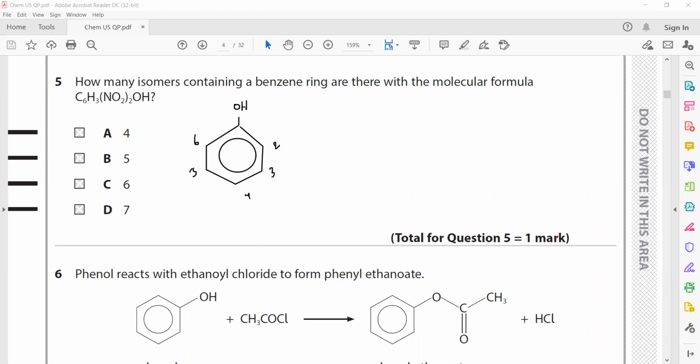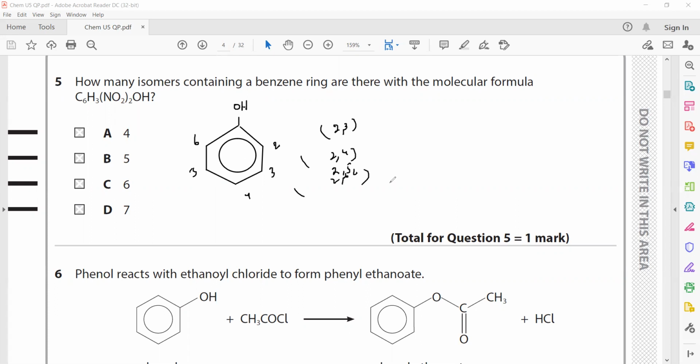So when we work out the possible combinations, we may have NO2 on the second and third position, the second and fourth position, and the second and sixth position. Then there's no other. And the second and fifth position. So these are the four.